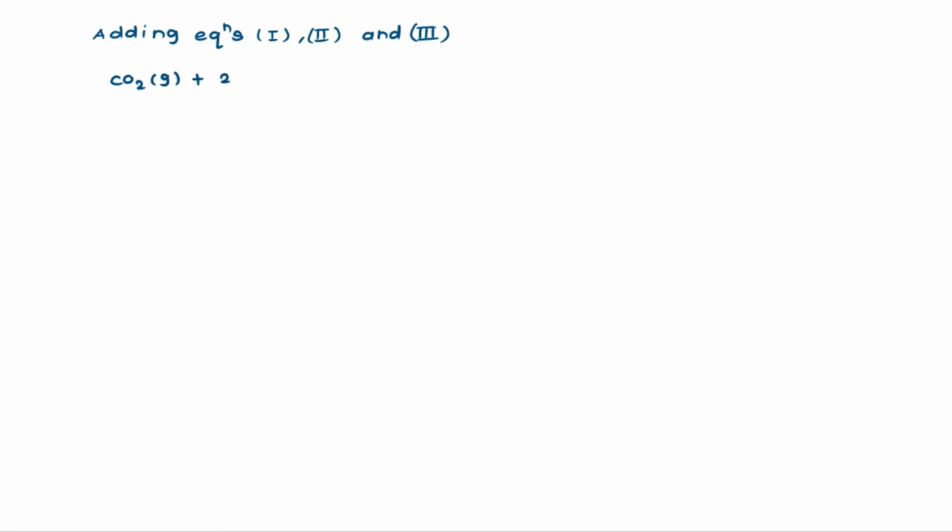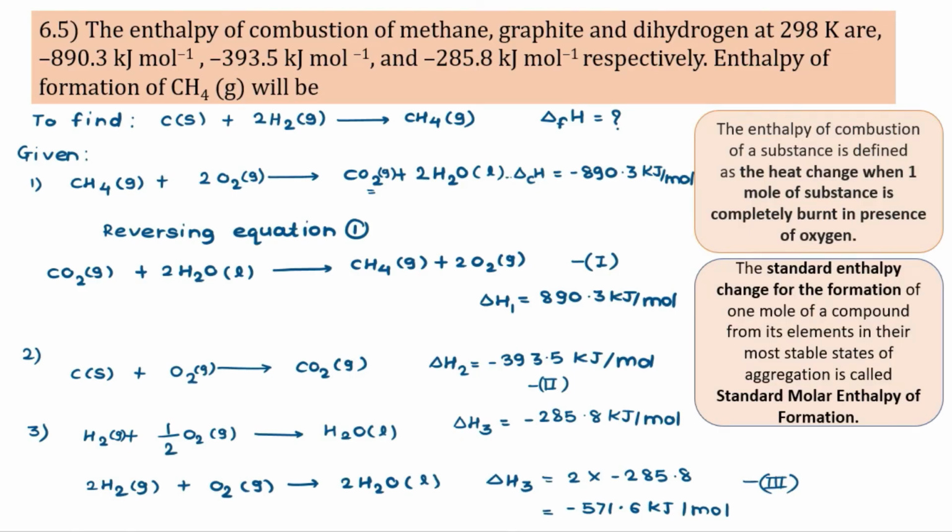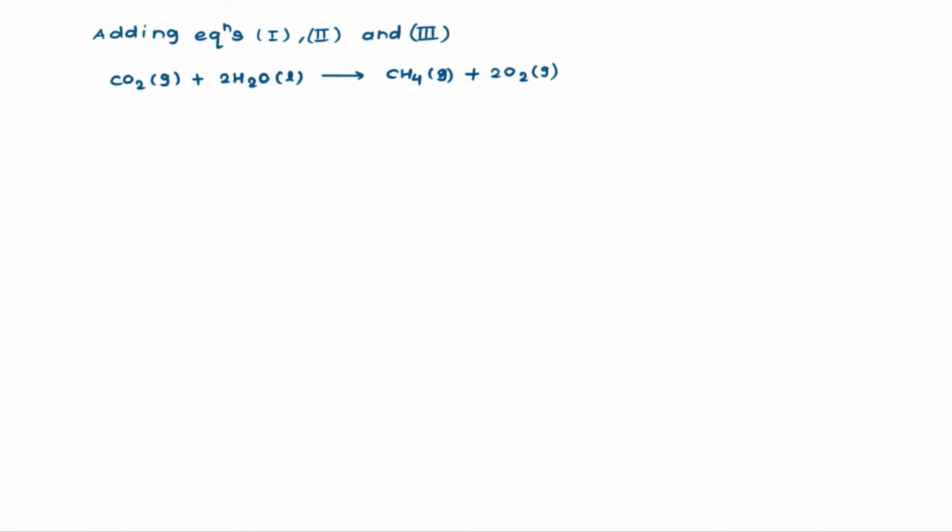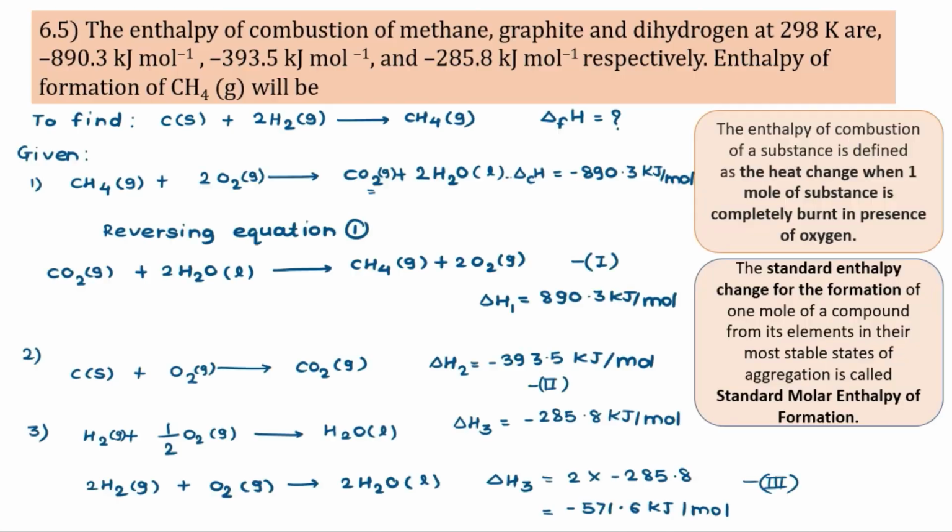Then the second equation is C plus O2 gives CO2, and the third equation is 2H2 plus O2 gives 2H2O.